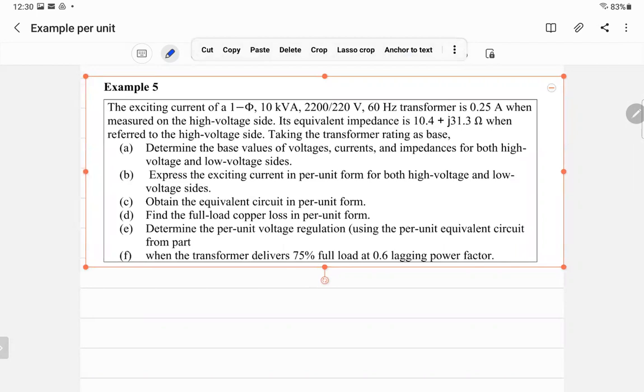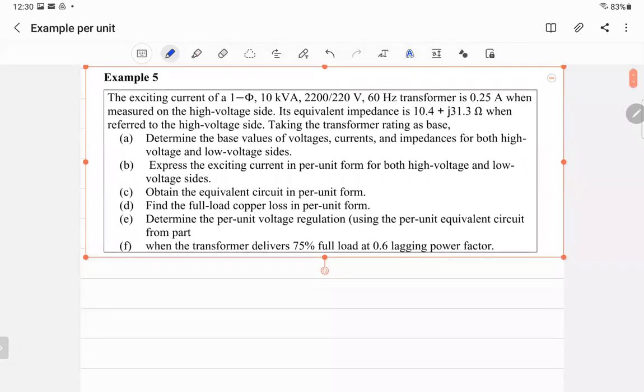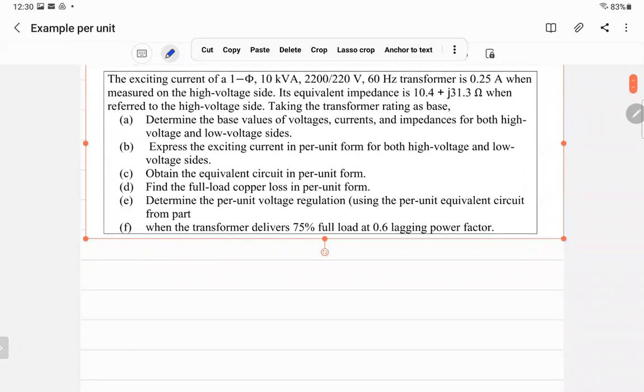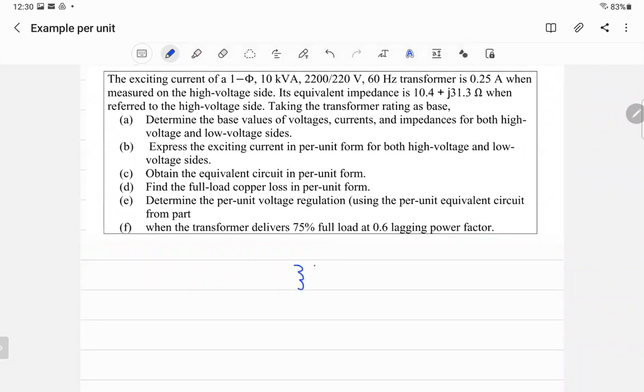It gives the exciting current of a single phase 10 kVA transformer, the information for the transformer. To make it simple, in a one line diagram, we have a transformer. That's what we're going to do.